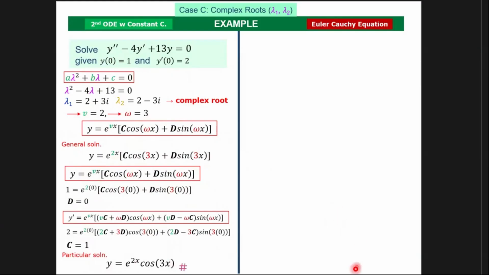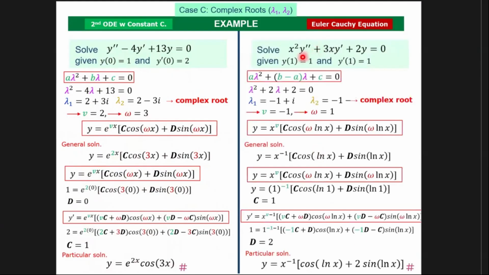Next, for the Euler-Cauchy equation, solve x squared y double prime plus 3xy prime plus 2y equal to 0. Given the initial condition, at x equal to 1, y is 1, and at x equal to 1, y prime is 1. So this is the characteristic equation.